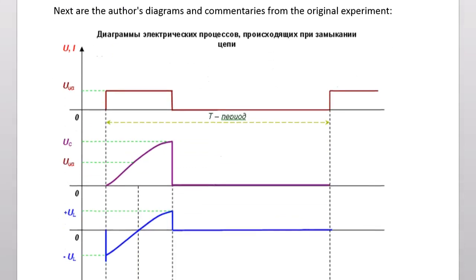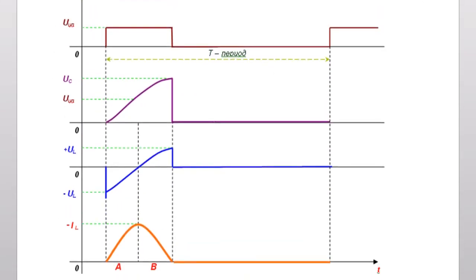So next are the author's diagrams and commentaries from the original experiment. This is a diagram based on the oscillograms Sergey received in his experiment. The top diagram is the closing of the relay contacts.